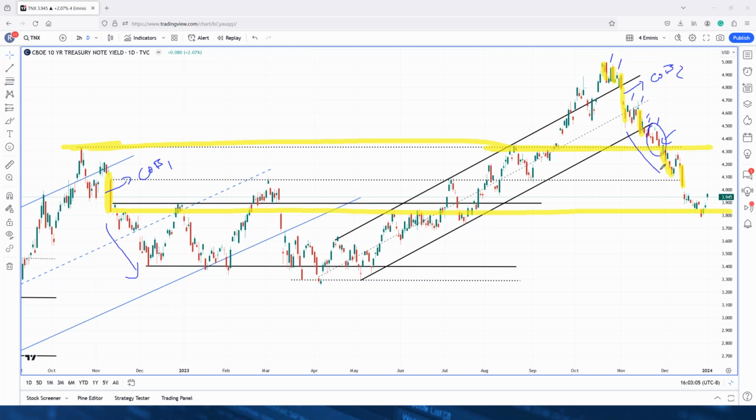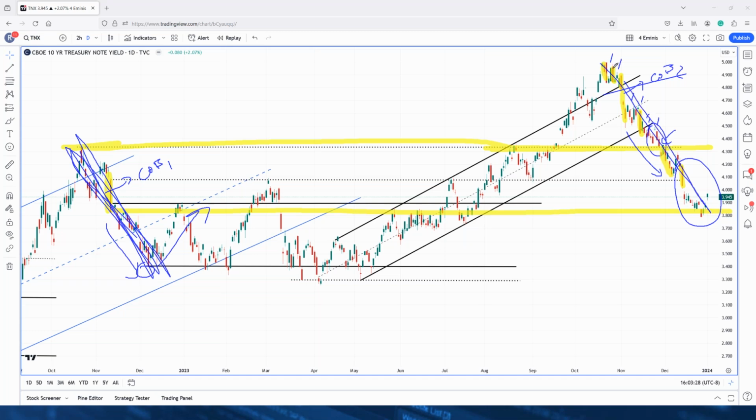So I would say that coming to this support, we are covering this ground, and then we should have rallied. But instead, what happens here? Even lower. So most definitely, this market shows that we are done with the tightening cycle.